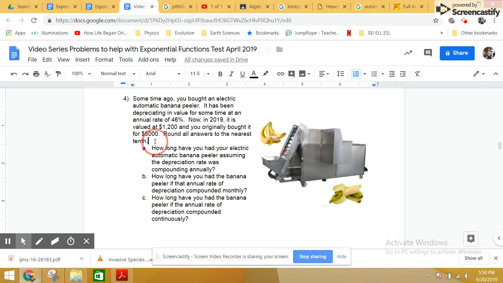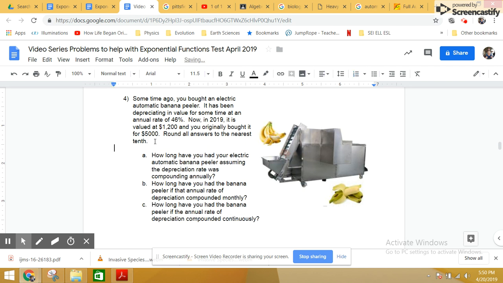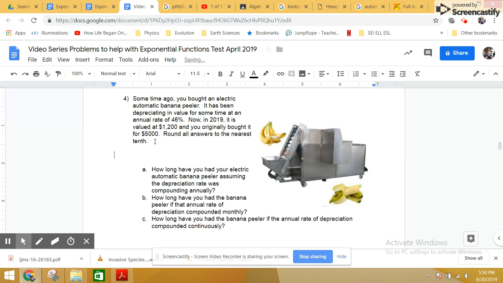So, before we go anywhere, we need to set up a basic equation, and while we're setting up that equation, we need to choose our initial value. I think if we set up 2019 as our initial value year, we can pick 1,200 as our initial value, and this 5,000 will be sometime in the past. We can work things out that way.